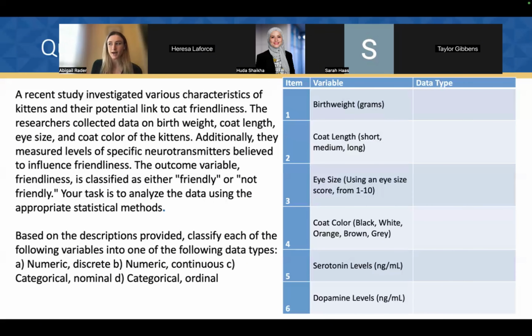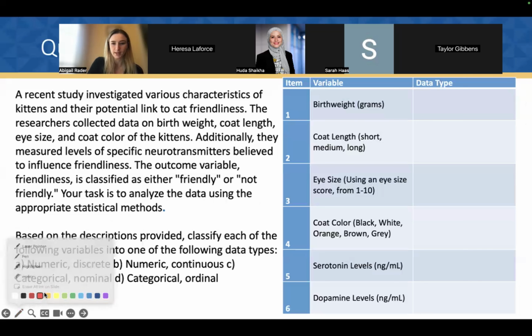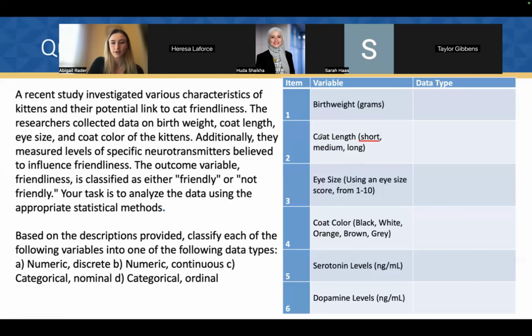The difference is that for ANOVA, there have to be 3 different groups that we're comparing. For chi-square, it could be 2 different groups, but we have multiple levels of that group, so multiple categories within it. Here, coat length would be short, medium, and long, but we're technically only comparing between 2 groups.